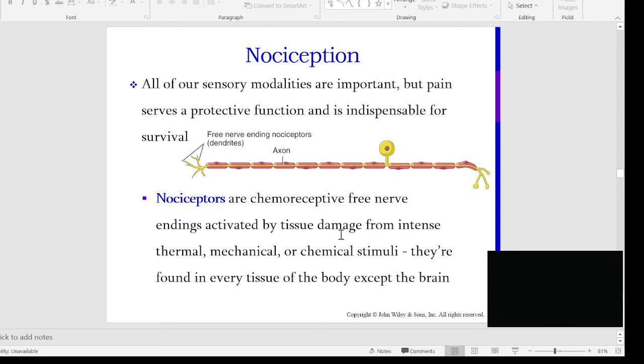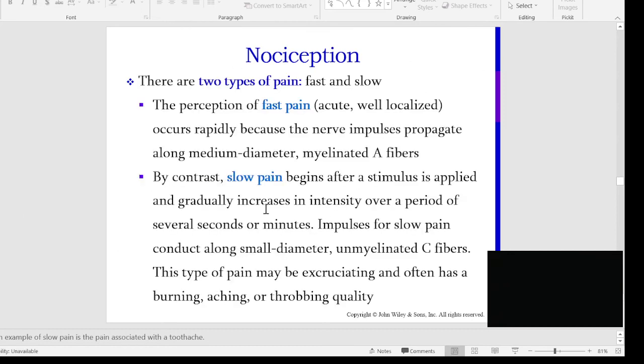Ang cells or ang tissues mag-secrete sa substances nga mo-stimulate sa free nerve endings nga maka-trigger sa pain sensation. Example of chemicals that could trigger pain sensation: Substance P, histamine, leukotrienes.